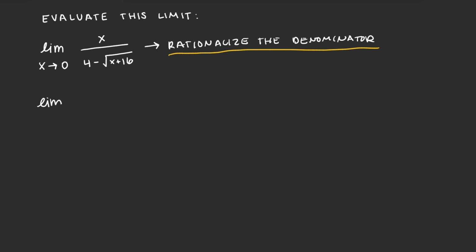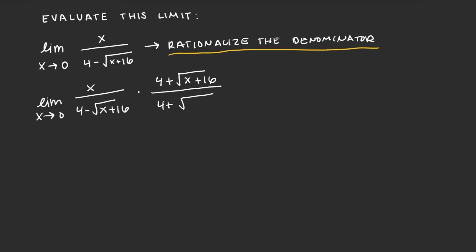The limit as x approaches 0, x over 4 minus the square root of x plus 16 times 4 plus the square root of x plus 16 over the same thing, 4 plus the square root of x plus 16.